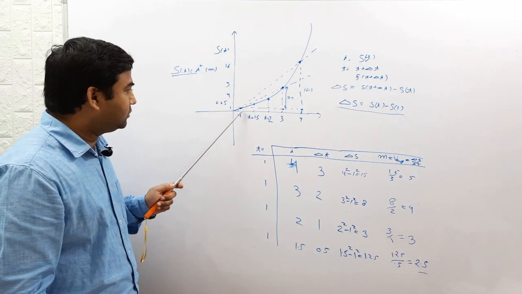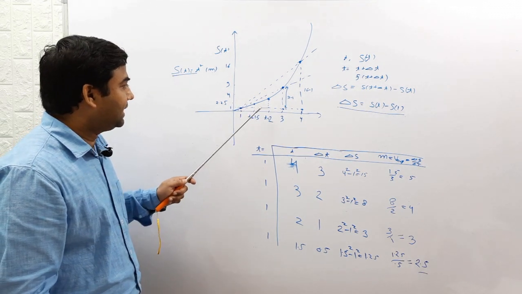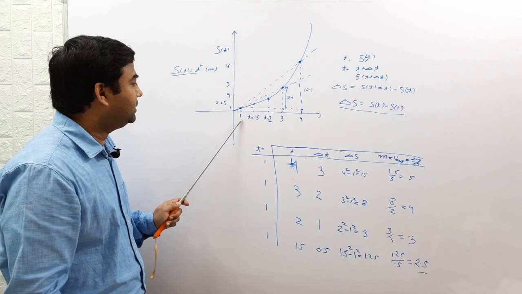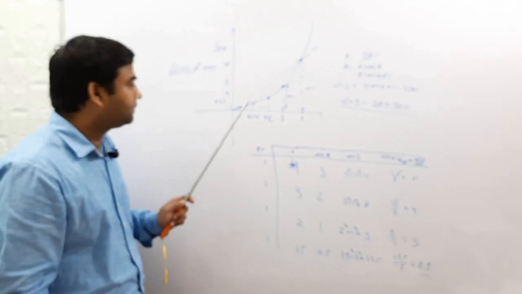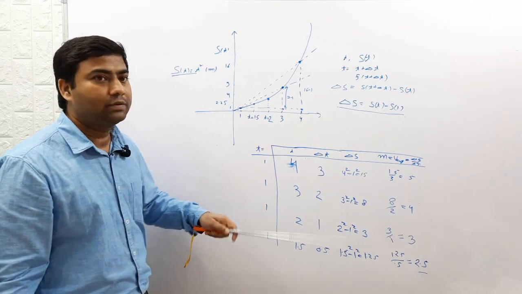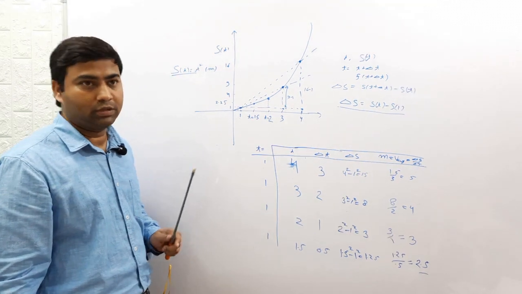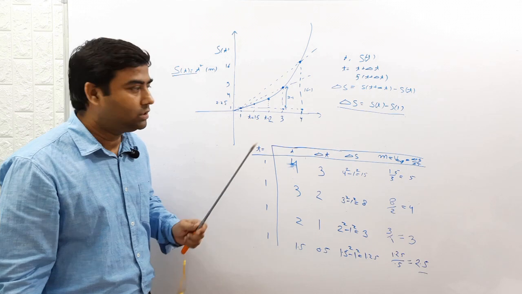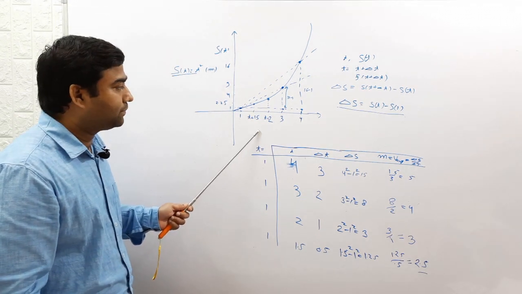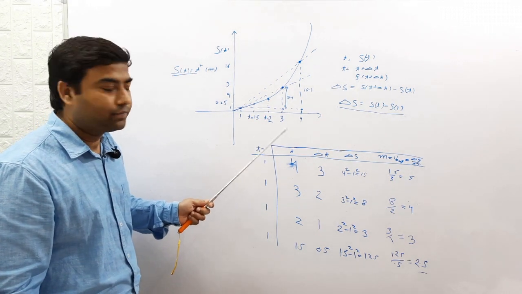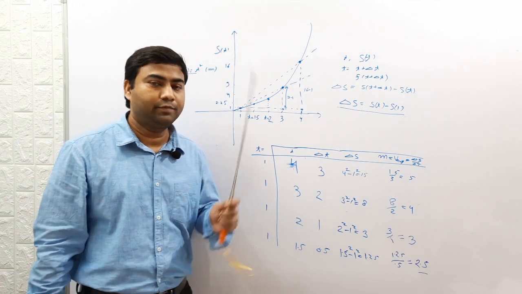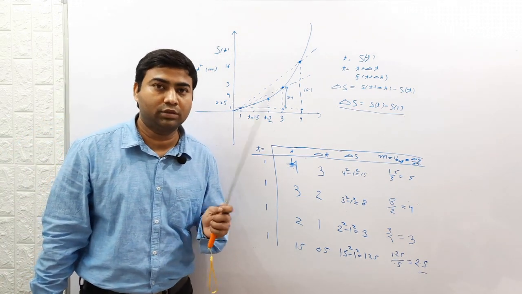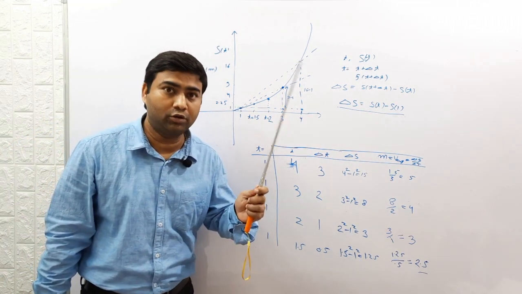So we will have instantaneous velocity at every time. At t equal to 1, we will have some instantaneous velocity. At t equal to 1.5, we will have a different instantaneous velocity. At t equal to 2, we will have another. So for every point of time, we will have a fixed instantaneous velocity at that particular point of time.